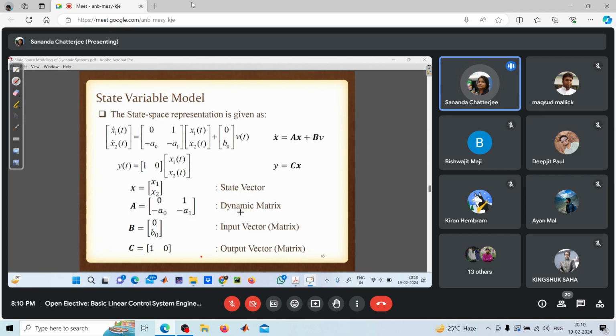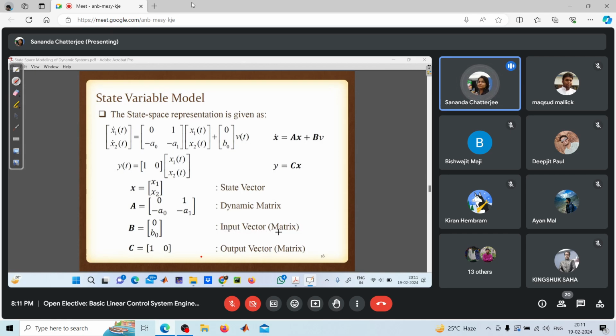Therefore this is called the state matrix or the dynamics matrix. Okay, this B matrix is called the input matrix. Why? Because this relates the change in states with the input. So this is called the input matrix or input vector.